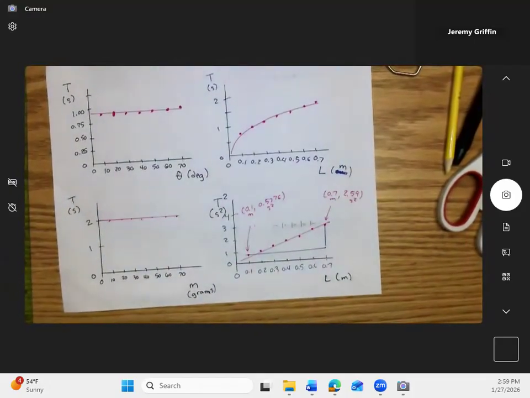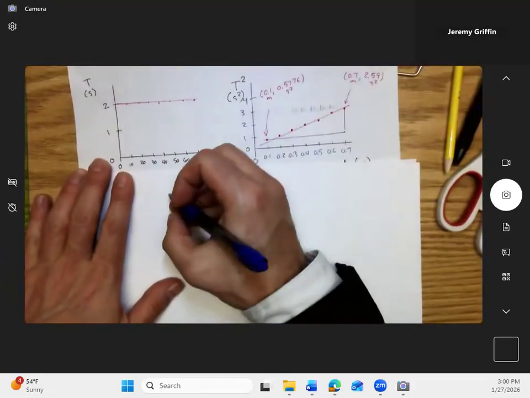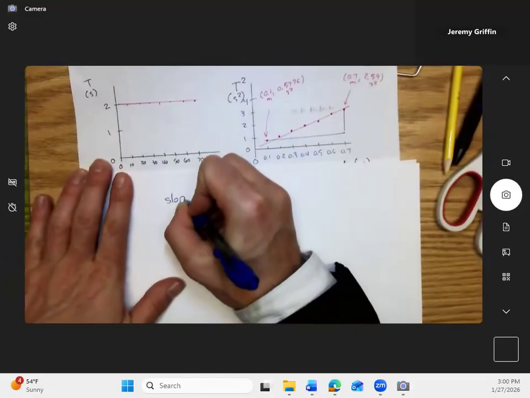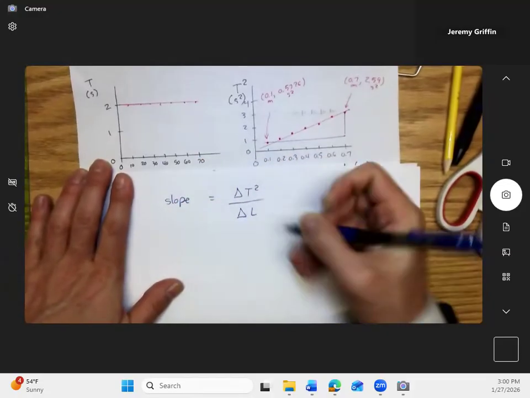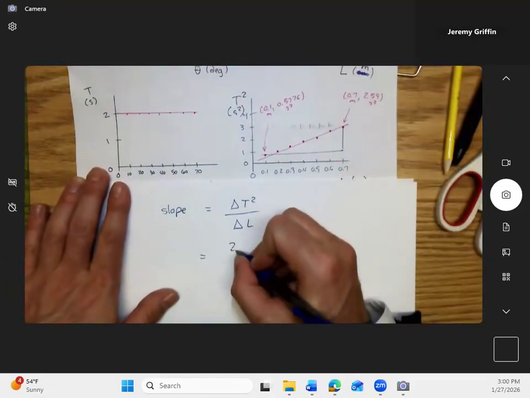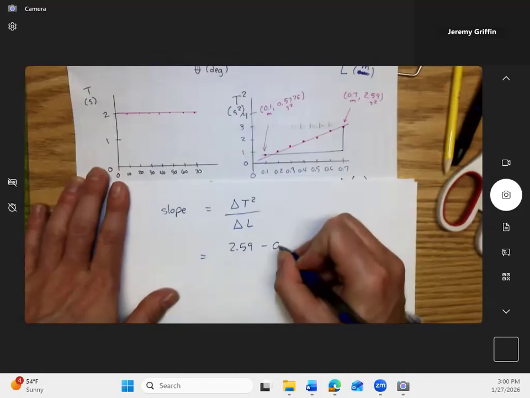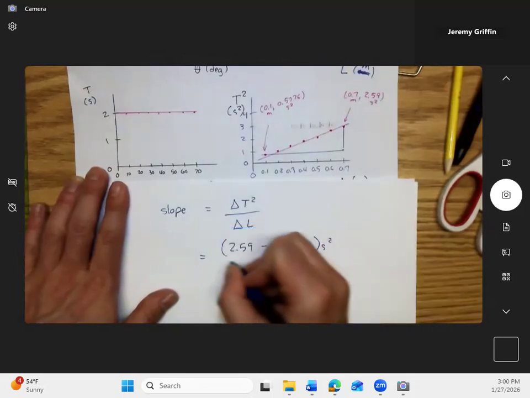So, this paper here. Where's your time? So I'll say the slope of that line that you're looking at is the change in t squared over the change in length, which is like 2.59 minus 0.5776. That's square seconds.